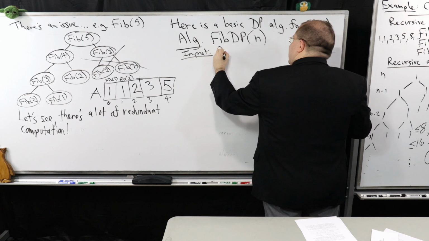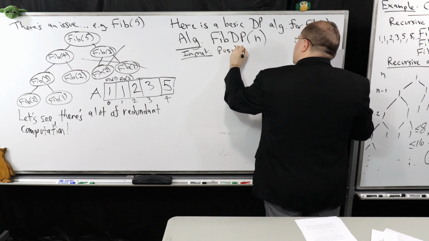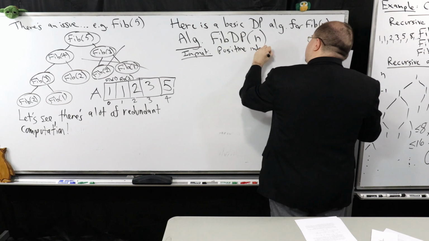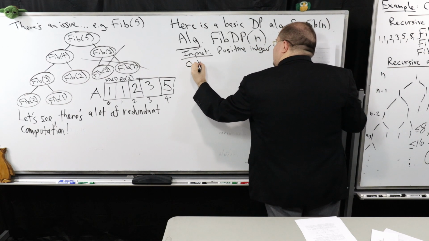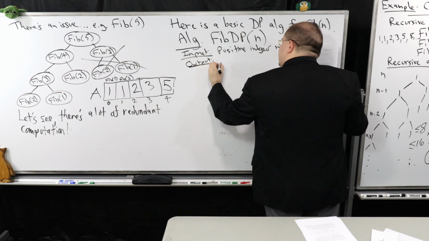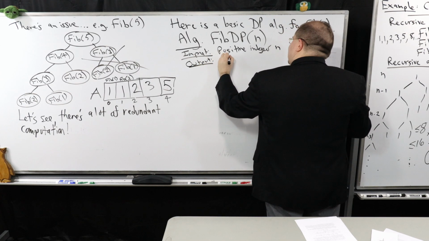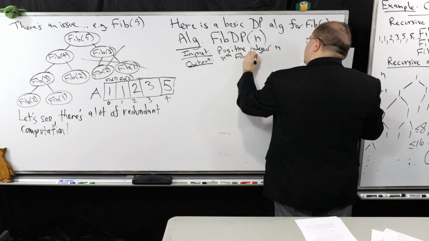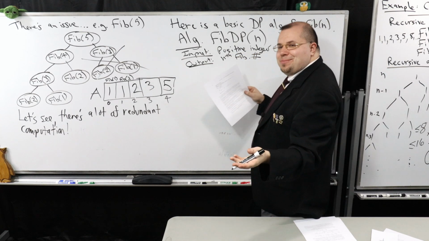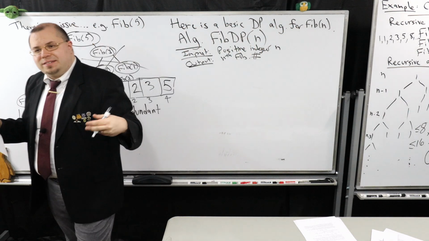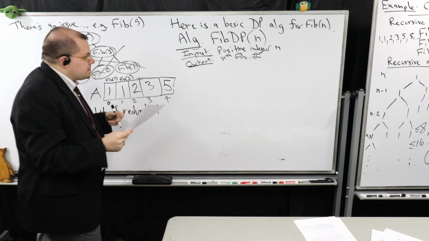So same input and output as before. The input is a positive integer n, and the output is going to be the nth Fibonacci number. Here we go. I'm first going to start by creating an empty array, just like what I had here.